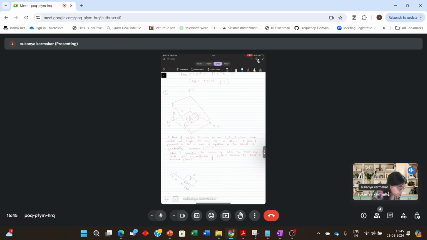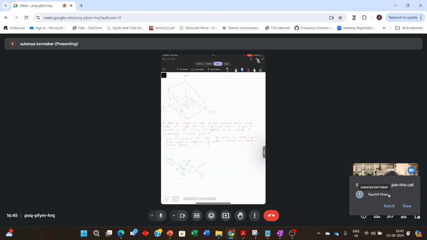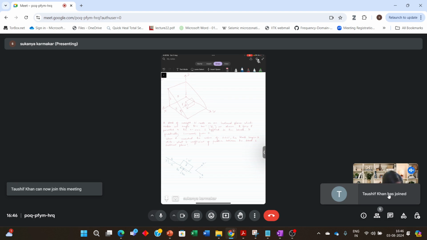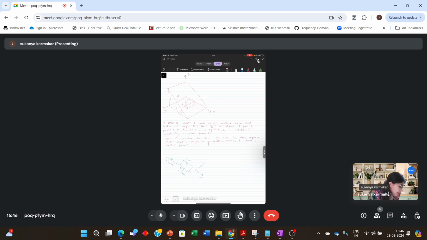What can I do? I can consider new arbitrary axes, y dash and z dash, along the normal and the tangential direction. Along the normal direction is z dash, and along the tangential direction is y dash.